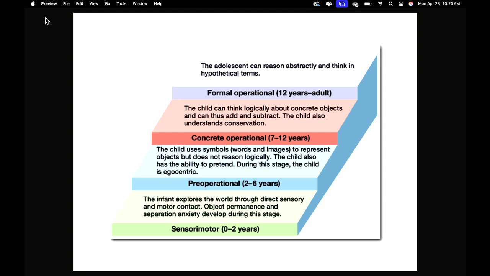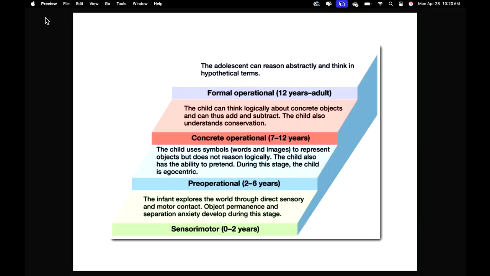There are theories that are post-Piaget, things that happen after formal operational thinking. But if we just look at this model, this is how all of us develop through time and how we understand the world.